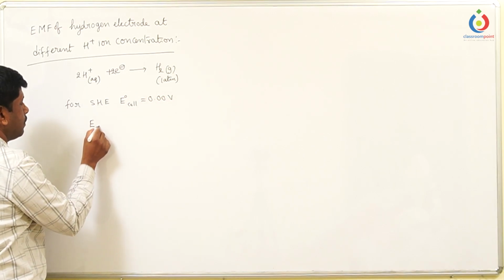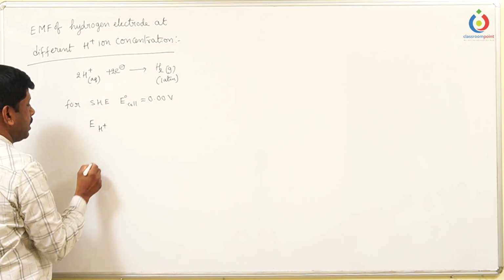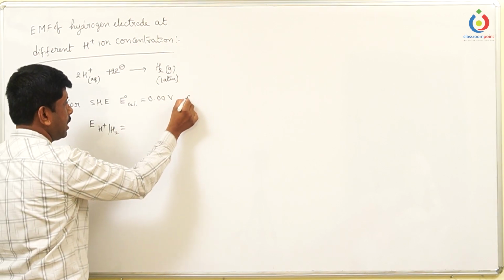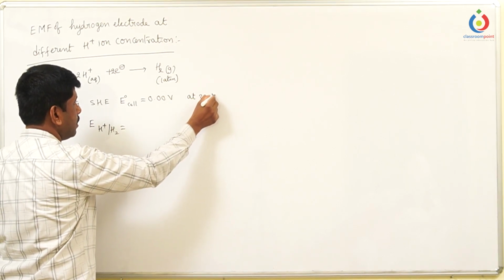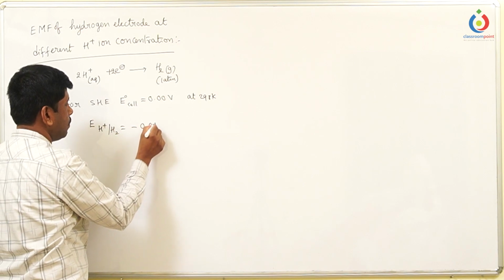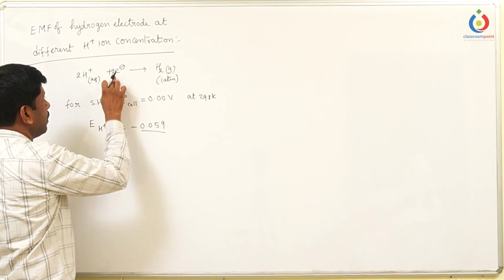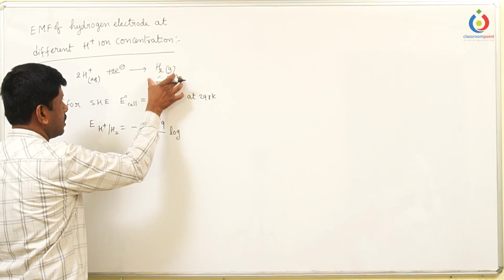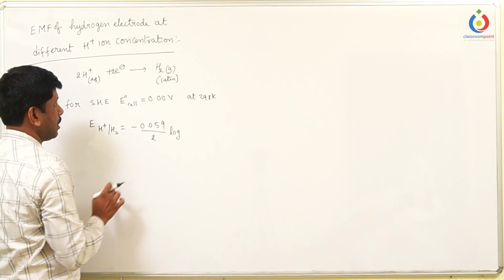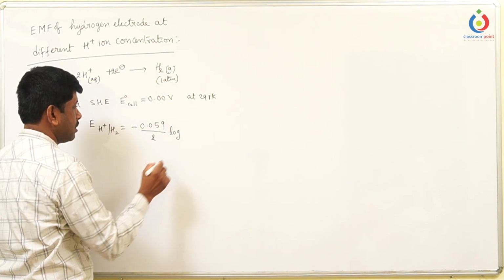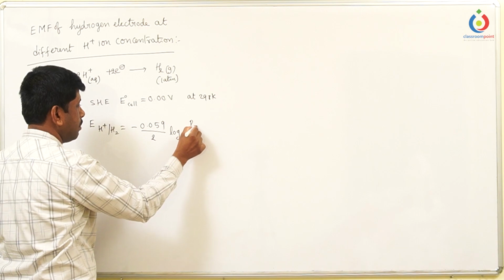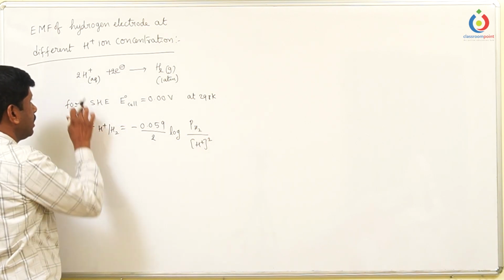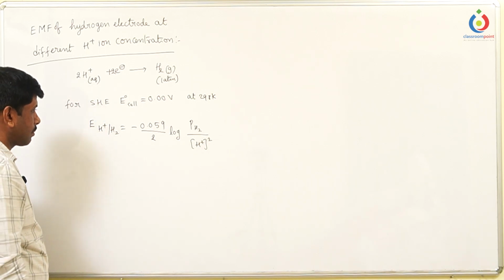So E of H plus converting into H2 is equal to, taking 298 Kelvin temperature, minus 0.059 by the number of moles of electrons exchanged, which is 2, into log concentration of the product by concentration of reactant. Here the product is gas at 1 atmosphere, so partial pressure of hydrogen by concentration of H plus ion squared, because 2 moles of H plus ion is taken.